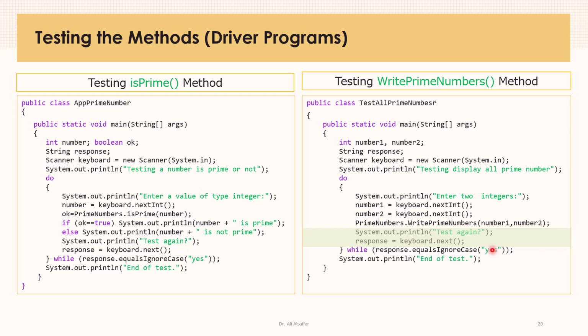If the user types yes, then it will repeat the same process by asking for two numbers, supplying these two numbers to the method, and checking the output generated from this method. When the user types anything other than yes, then it will go outside the loop and terminate the program and display that this is the end of the test.